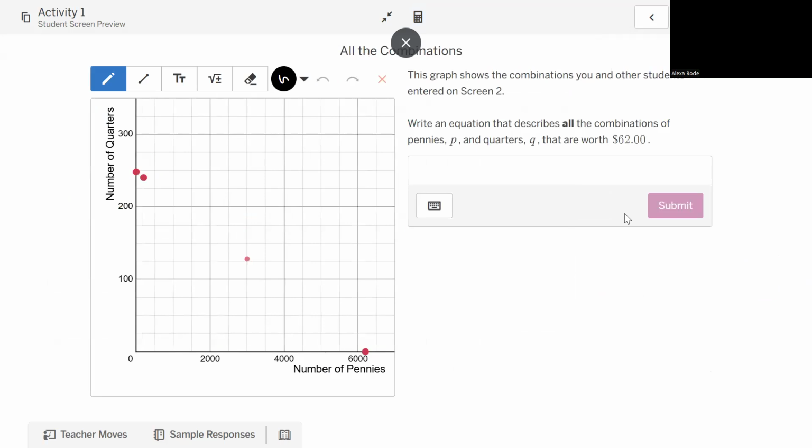So now it wants us to write an equation that describes all of the combinations, and this goes into that standard form equation. So we have our total. Our total is $62.